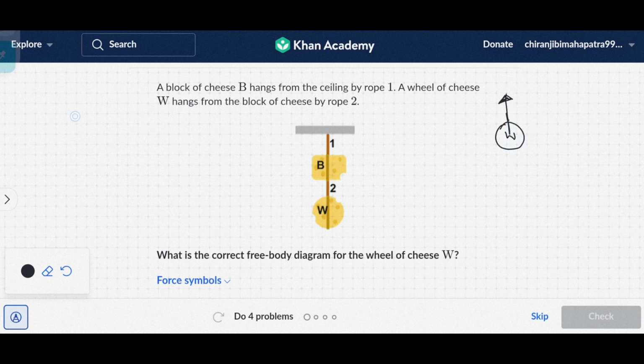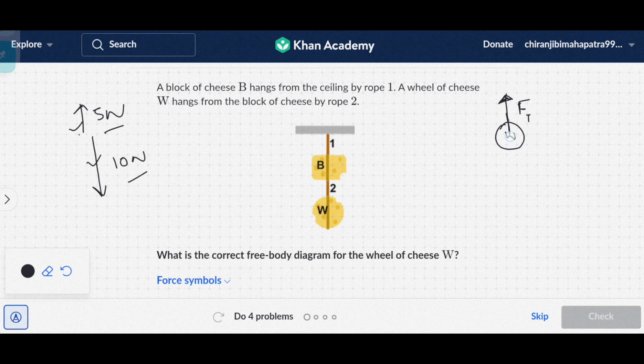Let's say it's pulling with 5 newton, and down there is 10 newton of gravity. So these arrows are drawn by scale according to their magnitudes and directions. So here there's one tension, FT maybe.